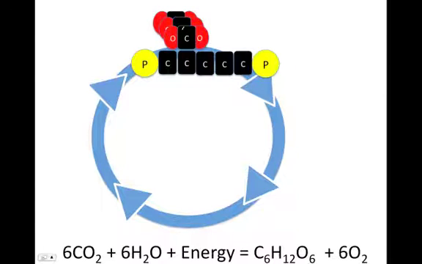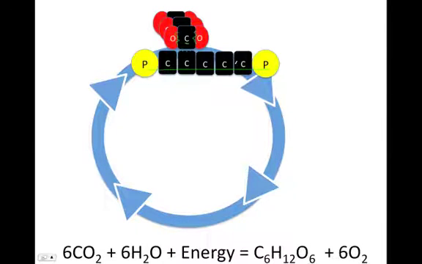What we need to do here is break apart the bonds connecting our oxygen to the carbon, and then form new bonds between the carbon that was associated with the carbon dioxide and the carbons that are associated with our ribulose bisphosphate.